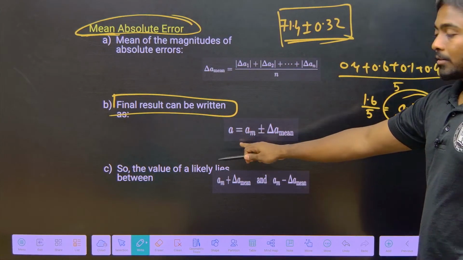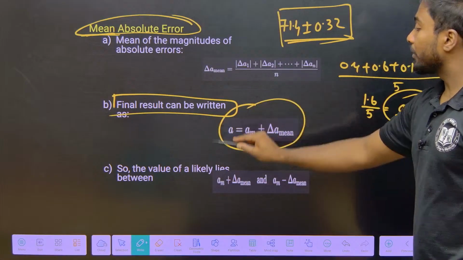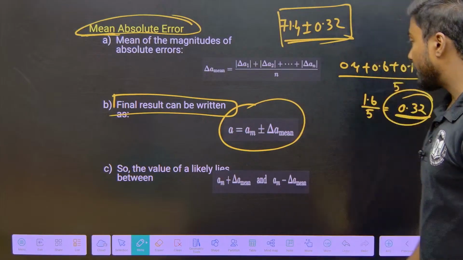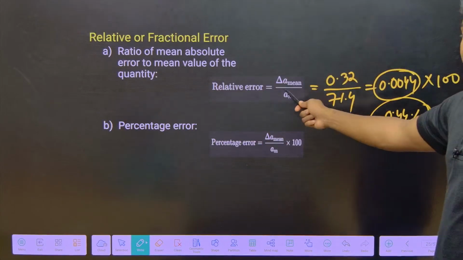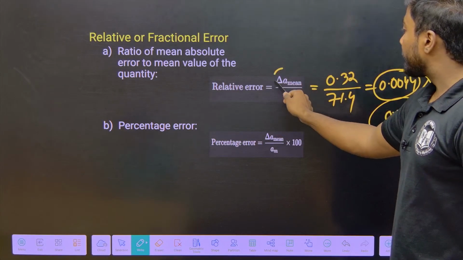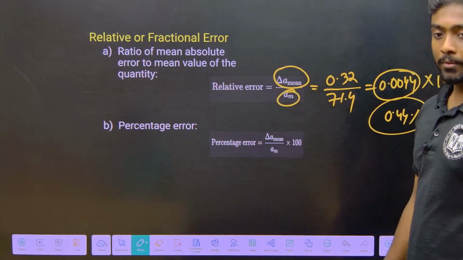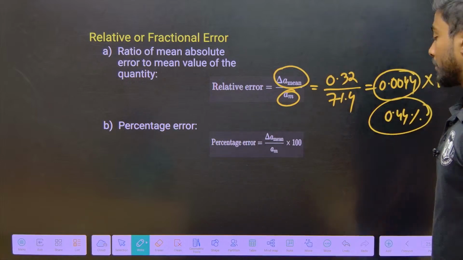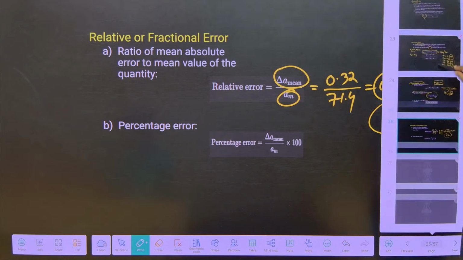Next, if they are asking about the result, I can write A mean plus or minus mean absolute error. If they are asking for relative error, it is mean absolute error divided by A mean. For percentage, multiply by 100. That's it. Any doubt here?